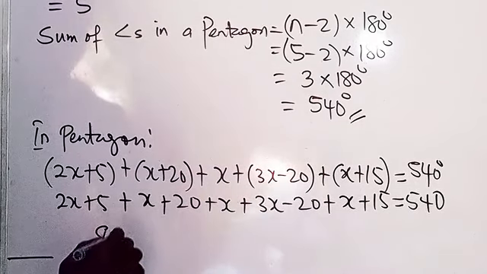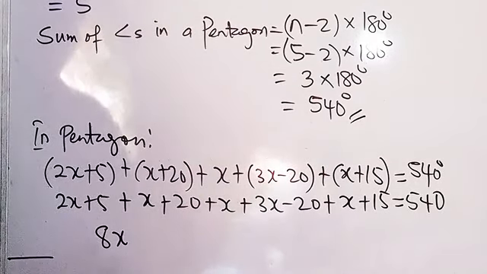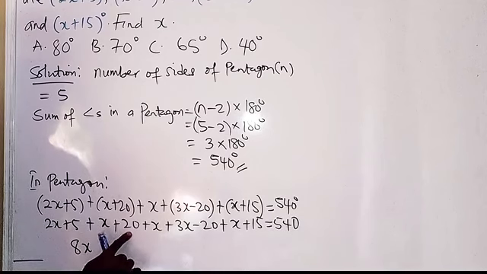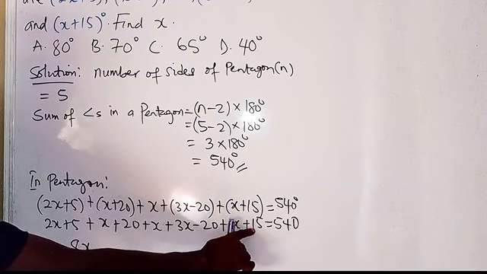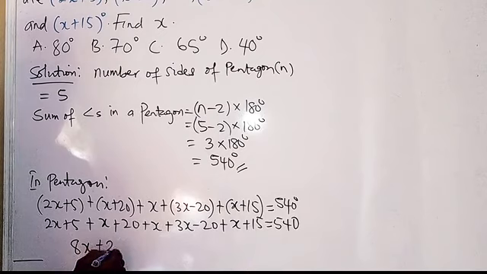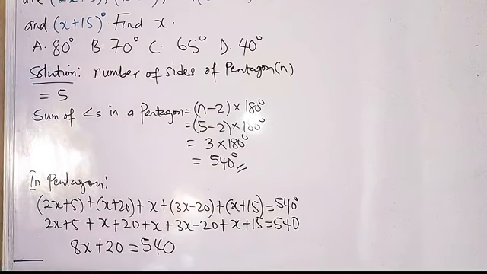So everything here will be 8x. Right? Now here, 5 plus 25 minus 20, that is 5. Then 5 plus 15, we're going to have 20. So everything will be 20 equals 540.